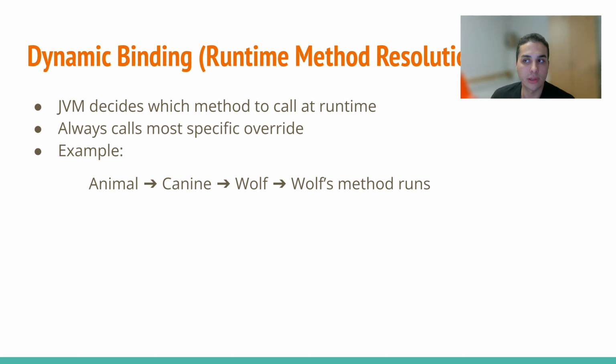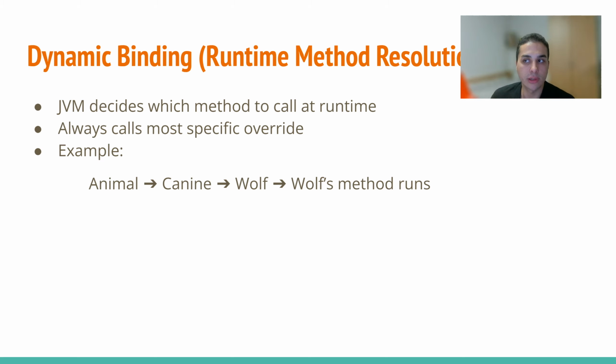If you call animal a make noise, then we will call wolf's make noise. It will say whatever the wolf says, but not the animal noise. So it will inherit the latest, lowest subclass method.